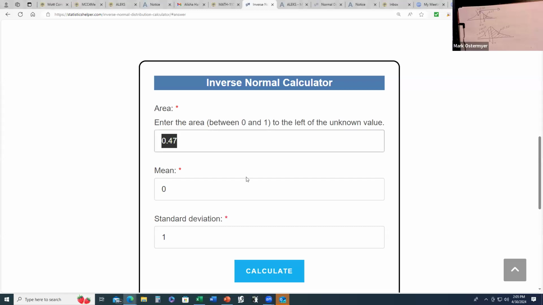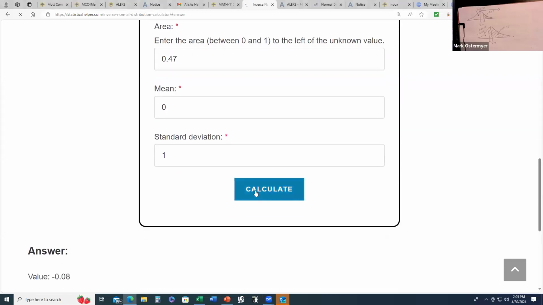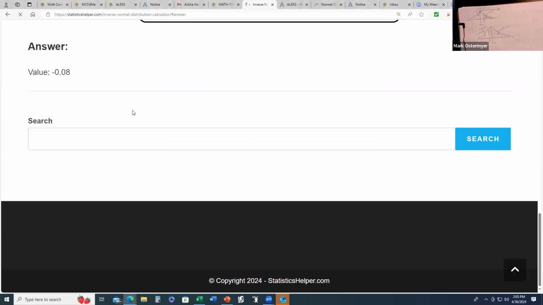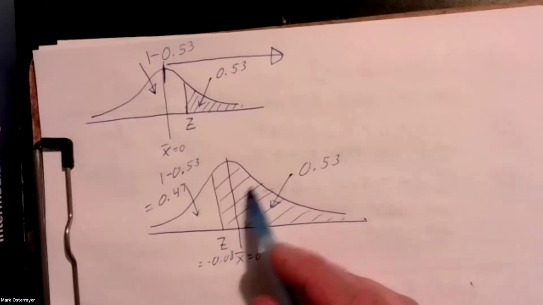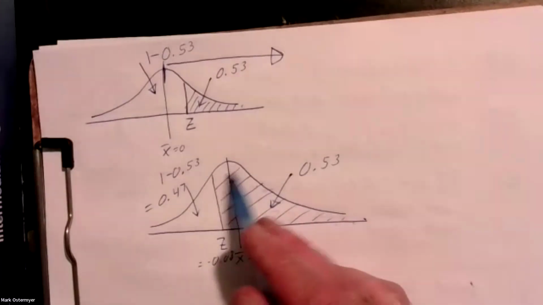The area is 0.47. The mean is 0. Standard deviation is 1. Calculate, and we get negative 0.08. So there's your answer. Therefore, the area to the right of negative 0.08 must be 53%.